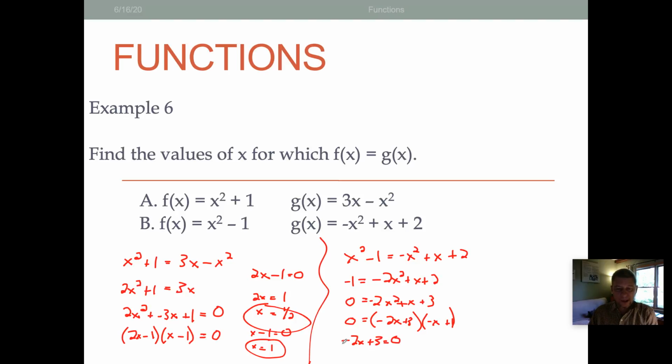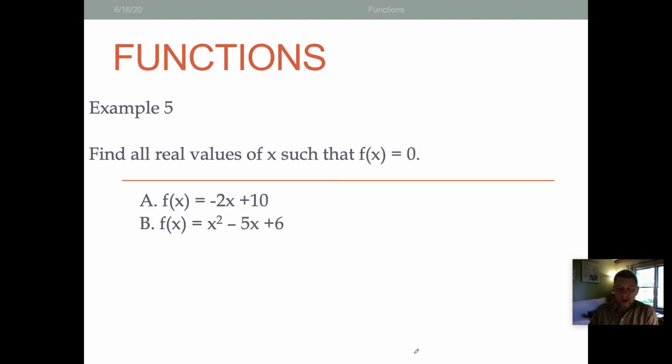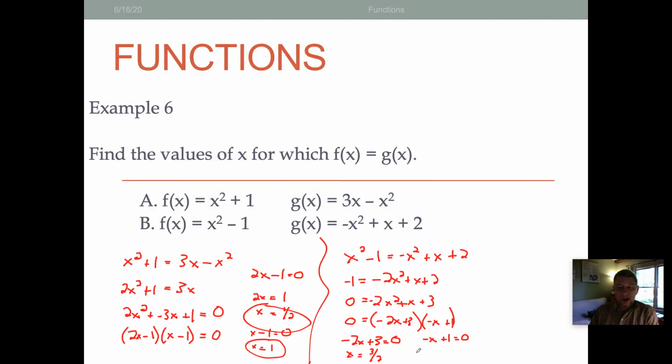And in the interest of space, I'm going to do this quickly. Negative 2x equals negative 3, or x equals positive 3/2. Over here, negative x plus 1 equals 0. So negative x equals negative 1, or simply x equals 1. Okay, so there are your two answers for this one. And so that, my friends, is example number 6.